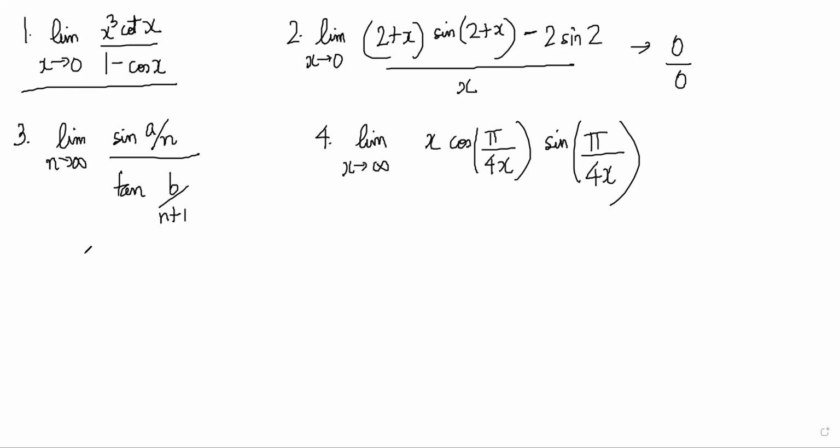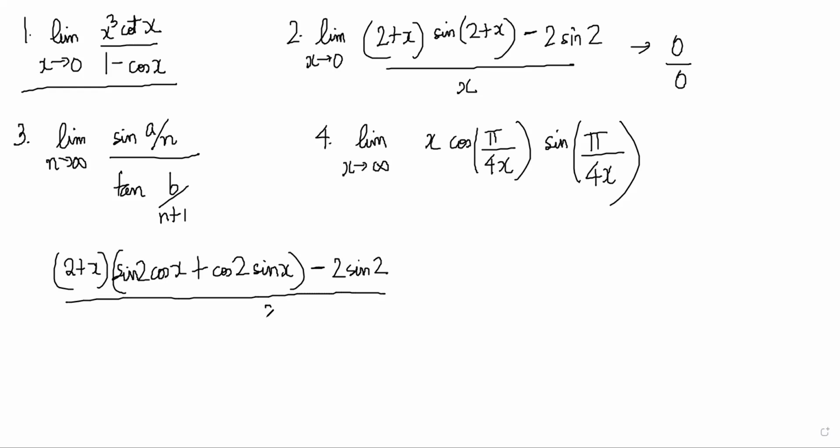We can just do 2 plus x sine 2 plus x. So sine 2 plus x will be sine 2 cos x plus cos 2 sine x, right? Minus 2 sine 2 by x.